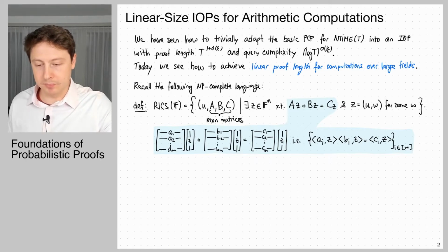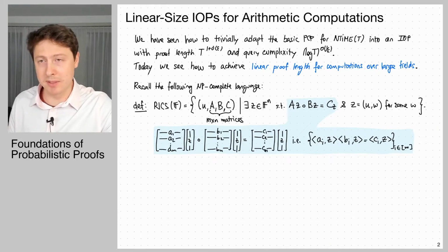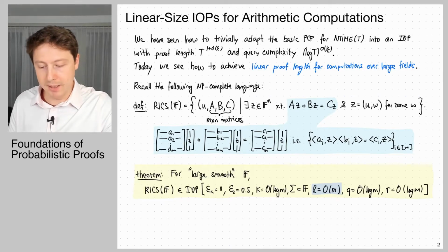It's not inherent that we need to look at rank 1 constraint satisfaction, it's just a little bit easier. Whatever I discuss today also holds for just normal quadratic equations over a field. And today, and part of next lecture, we'll prove the following theorem, that for any field F that is both large and smooth, we'll see later what this means, but roughly, large means that it should grow with the instance size.